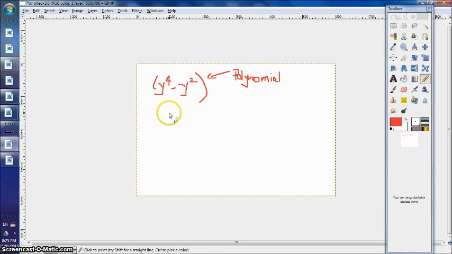Okay. Now let's move on to my next polynomial. Next polynomial is m plus 5w into 3m minus 7.